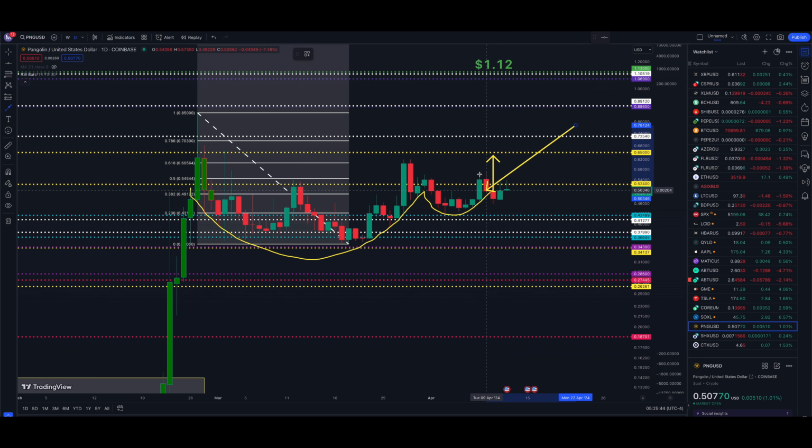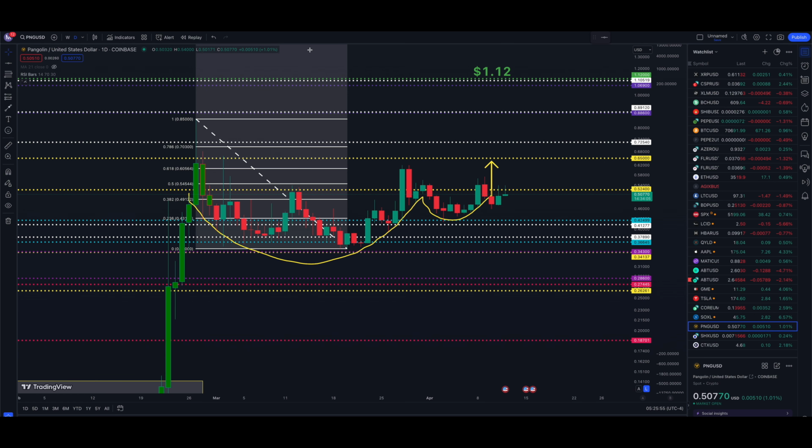We still have a breakout zone above the high of the left-hand side of the cup, of the handle, excuse me. And we still have price projections for this chart pattern. If we break out, that is, and that would be up there at $1.12.